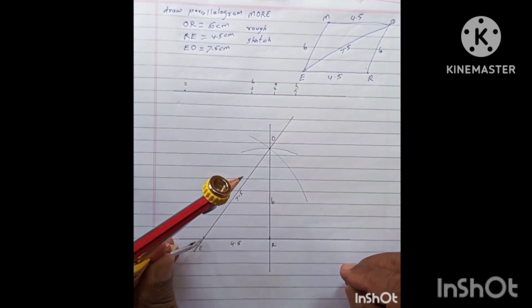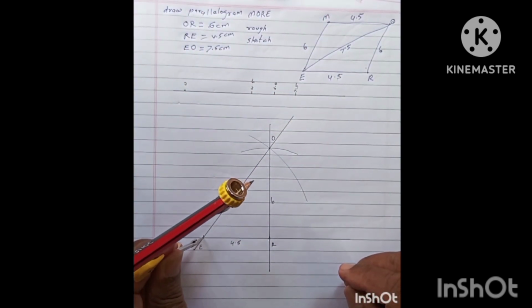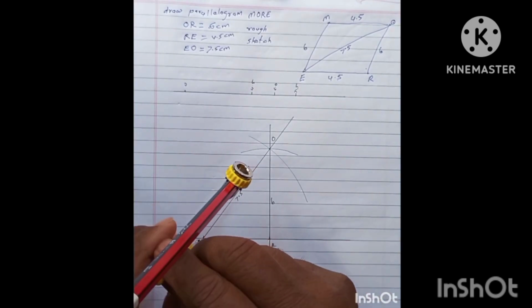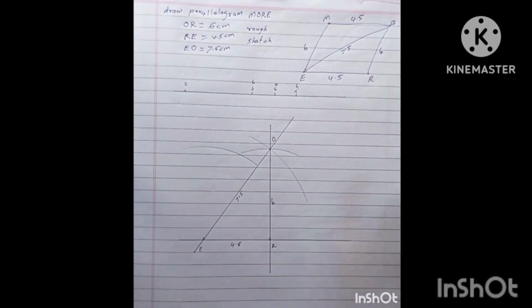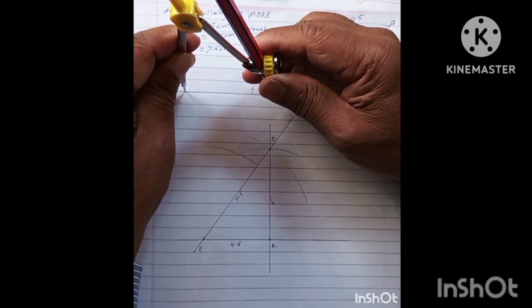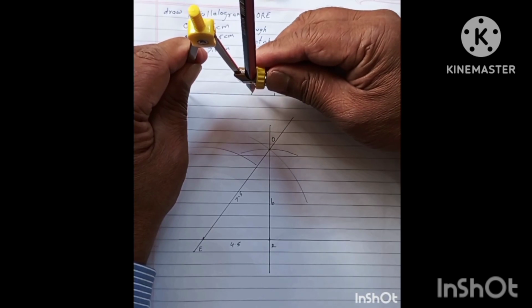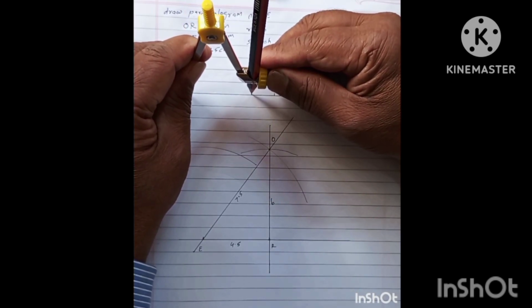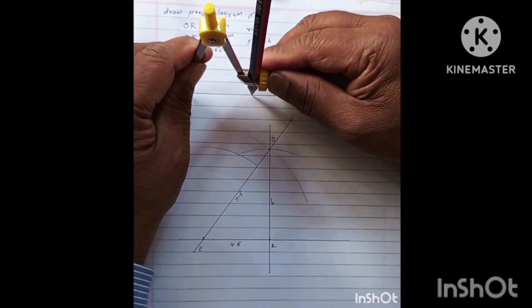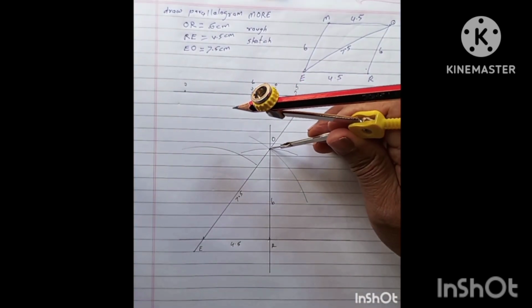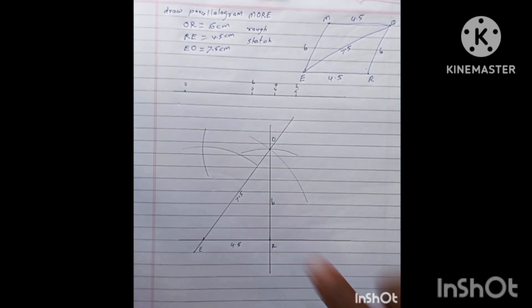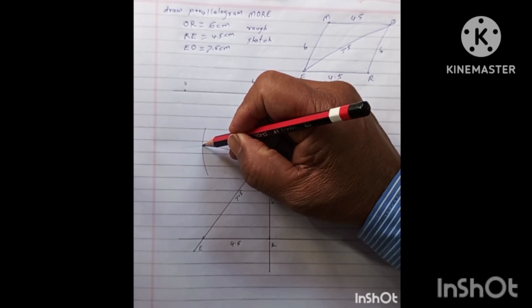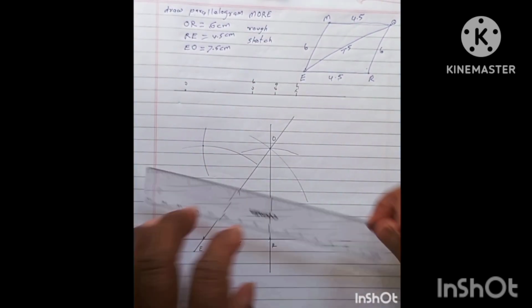See, now that M is 6 centimeters from E, and 4.5 centimeters from O. So I'm taking this and 4.5, as you have already marked. That is why while marking you should not make a mistake. Now you got the point. Okay, see, this is that, and now join.